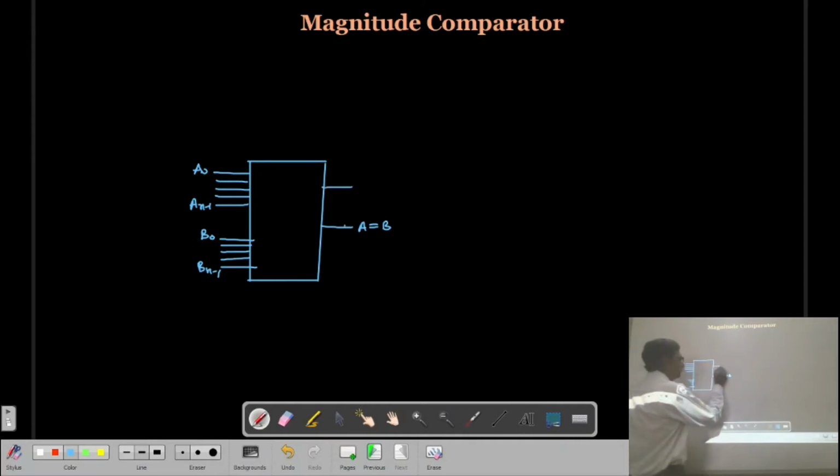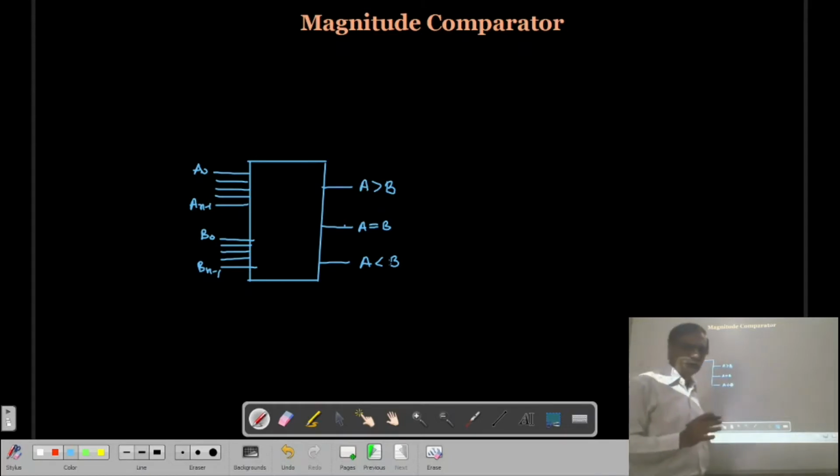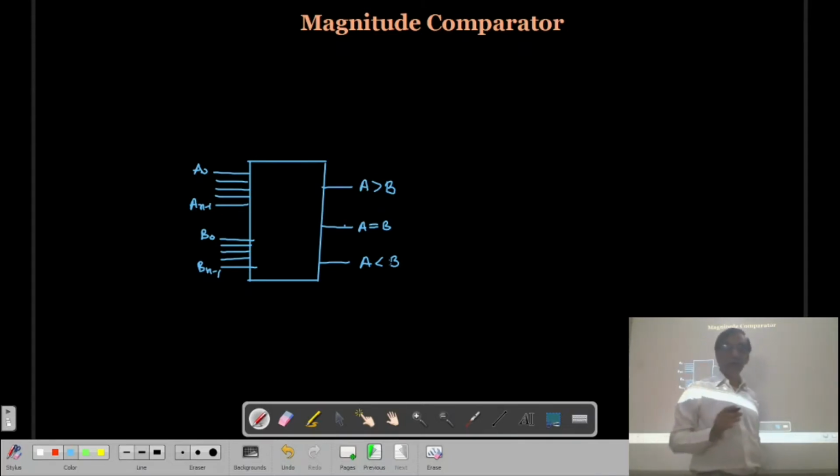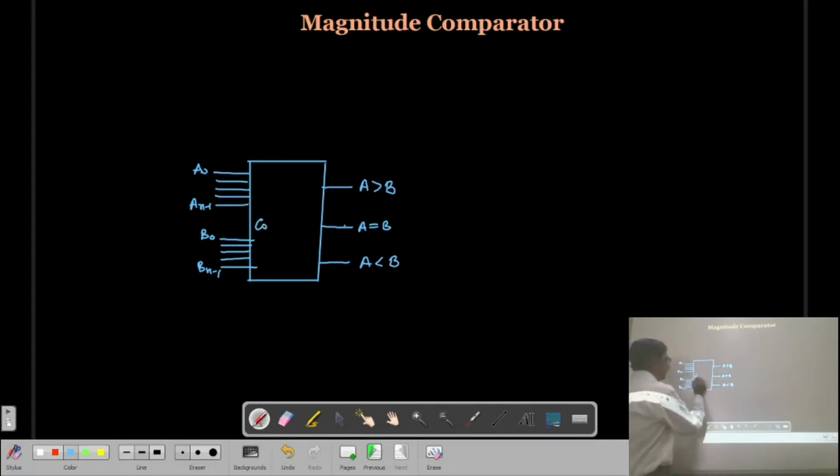The third output of this comparator is A less than B. So in this way the comparator has two inputs and three outputs, and this is known as a comparator.